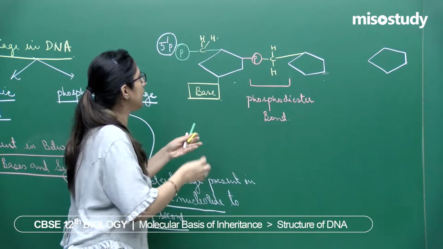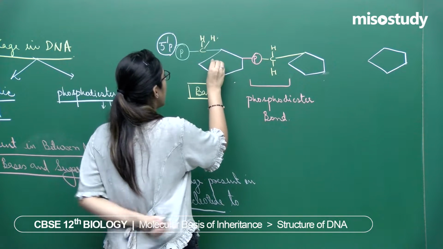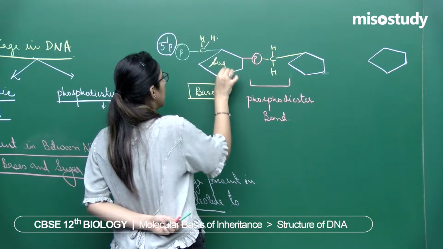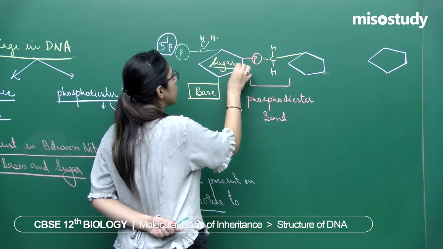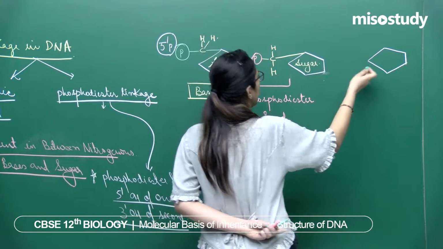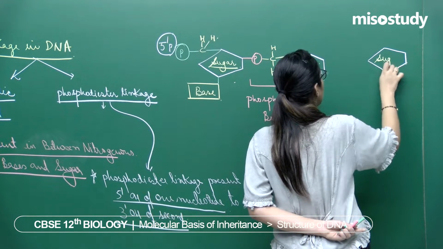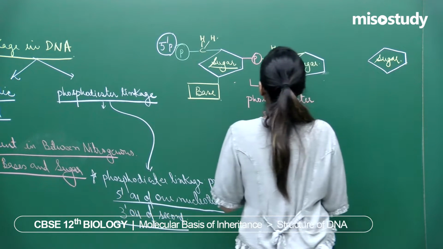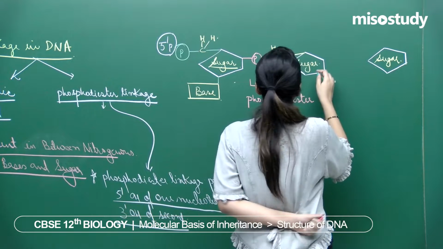These are ribose sugars. Again, if you look at this, this is also a sugar, and they are joined like this.